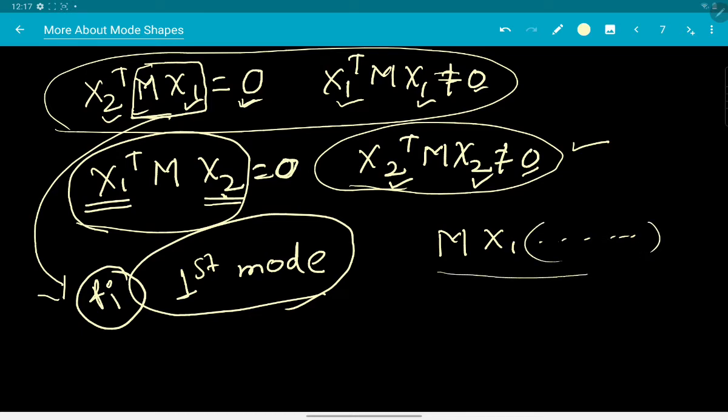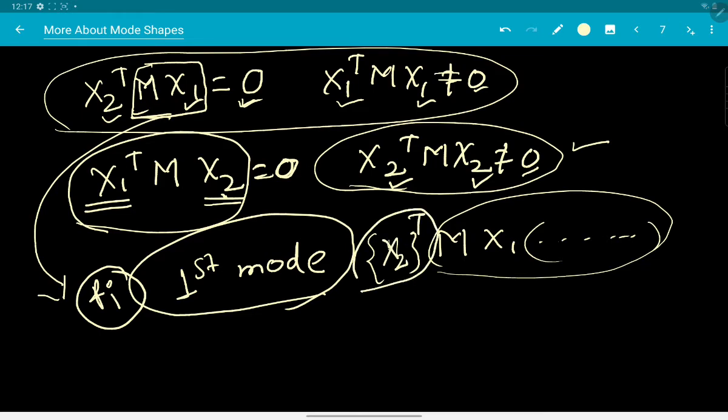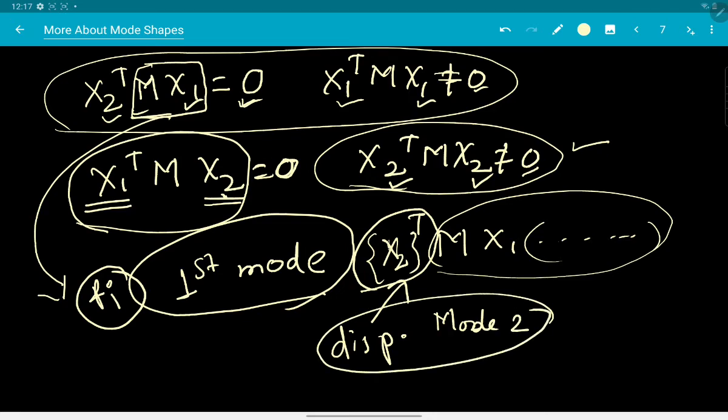Now this inertial force times transpose of x2. Again this is part of displacement when mass is vibrating in mode number 2. So this essentially comes out to be equal to work done.